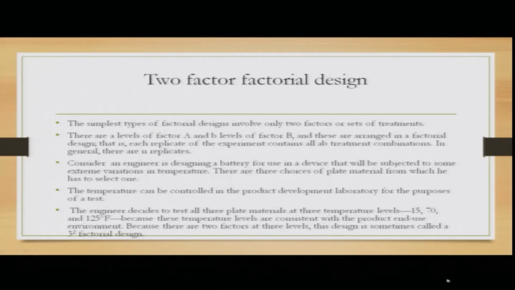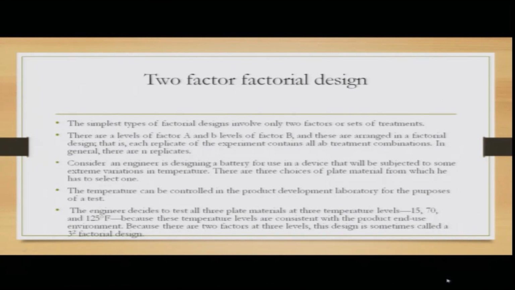Consider an engineer designing a battery for use in a device that will be subjected to some extreme variations in temperature. There are 3 choices of plate material from which we have to select one. The temperatures can be controlled in the product development for the purpose of the test, and as I mentioned, there are 3 levels. The engineer decides to test all 3 plate materials at 3 temperatures, which are 15, 70 and 125.